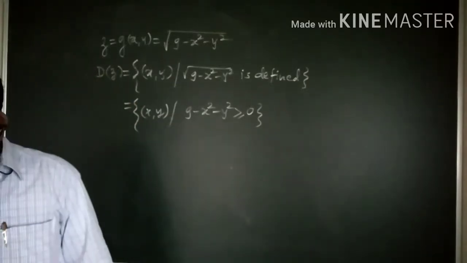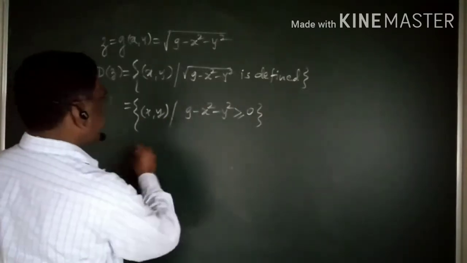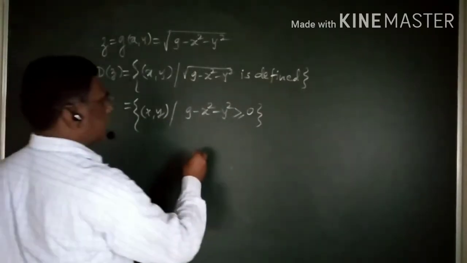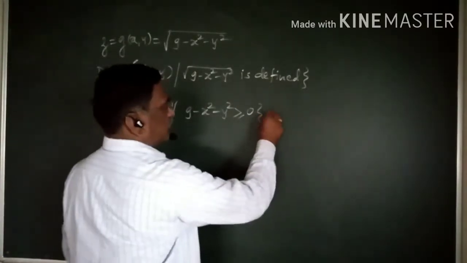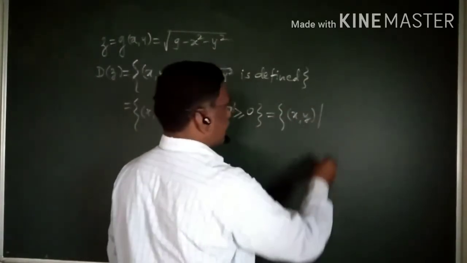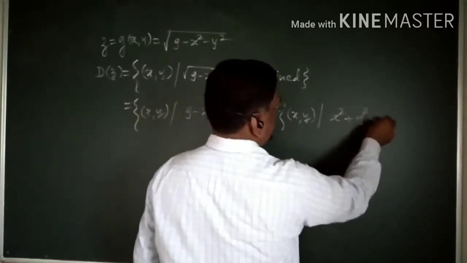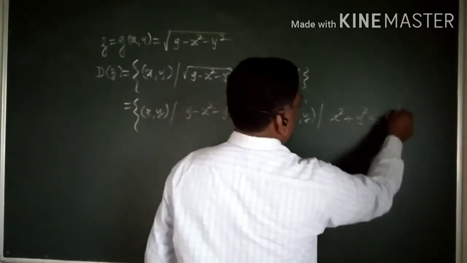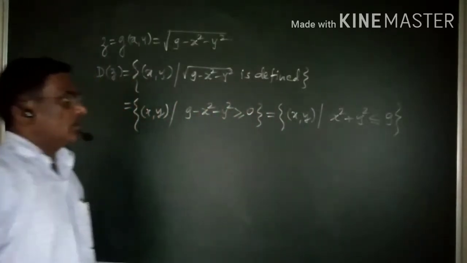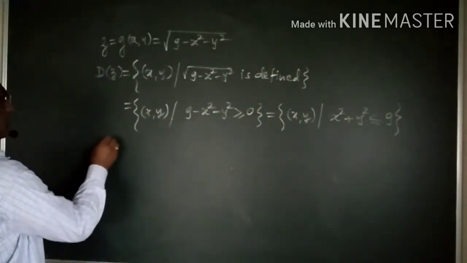If we simplify this, we find that it is the set of ordered pairs x y where x square plus y square is less than or equal to 9.